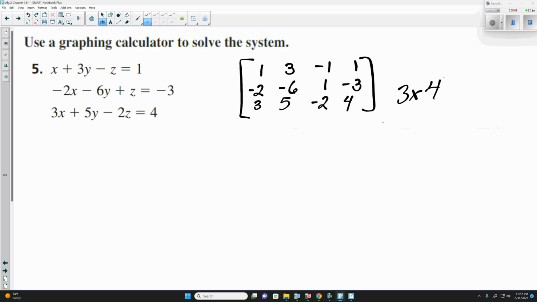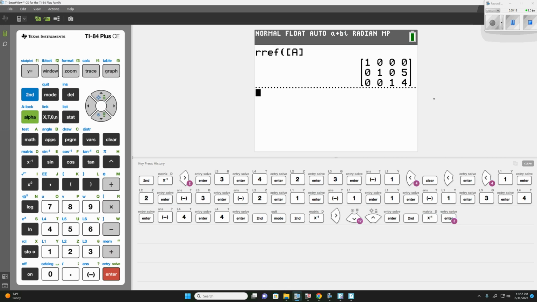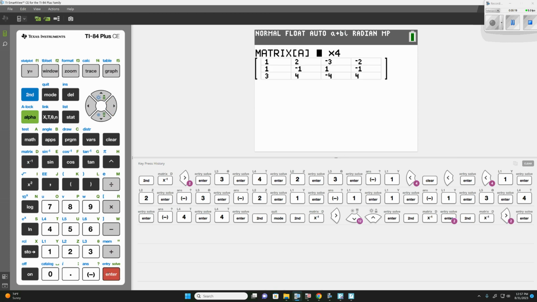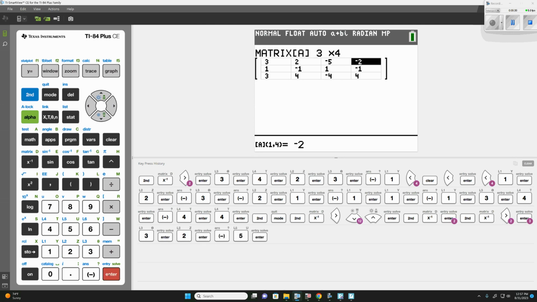Go on and type it in. So to type this in, we would go second matrix over to edit, and we'll hit enter to plug it into matrix A. Still a 3 by 4, but this time we have 3, 2, -5, -10.